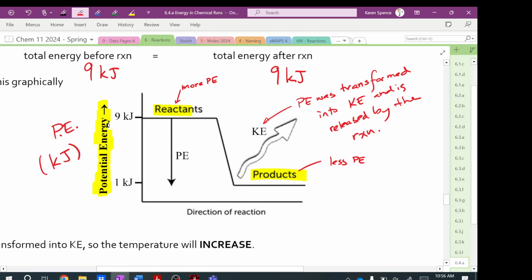So do we have more kinetic energy than before or less? We have more kinetic energy than before. So what will happen to our temperature? It will increase.